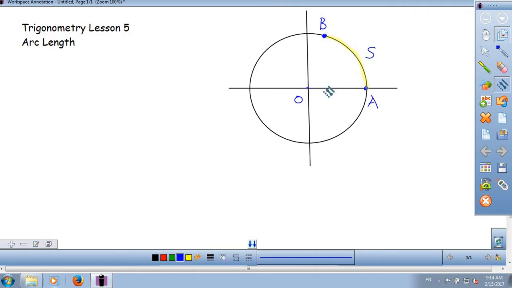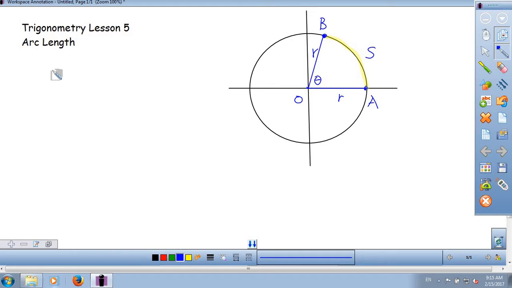So if we draw a central angle starting from O to A, as you can see, segment OA and segment OB are radii of the circle, and they intersect this arc S. As we realized before, the angle formed between those two radii is an angle theta, and this angle theta is related to the arc S.